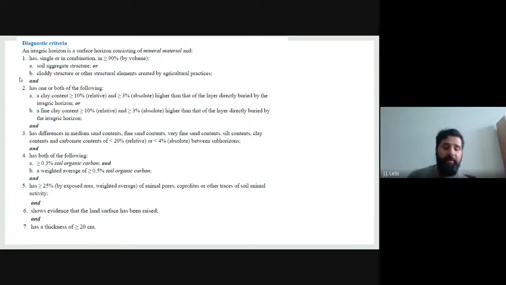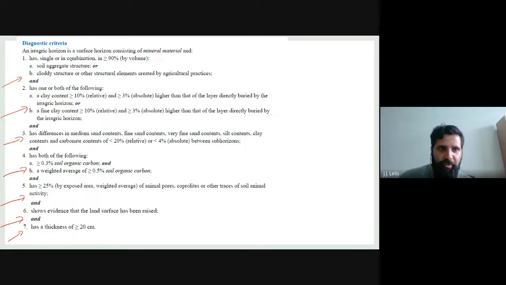So I'm sorry. So we have 7 criteria, and all of them should be followed. So you can see it's not very easy to identify a Y horizon, but we can find a lot of them if they follow all these criteria.